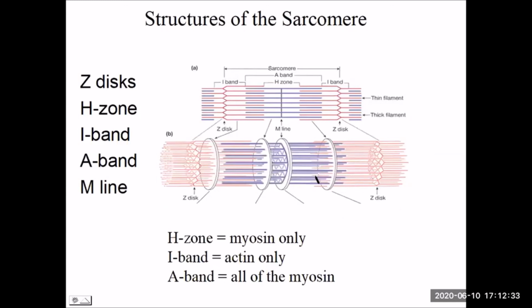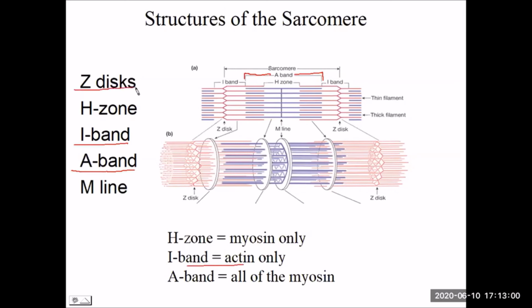The thick filaments, again, the full span of the thick filament is located here in the A band that we covered earlier. Overlapping adjacent sarcomeres is the area of the I band. That's where we only have thin filament present.